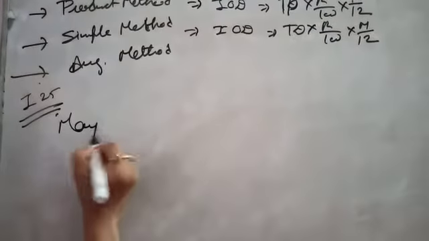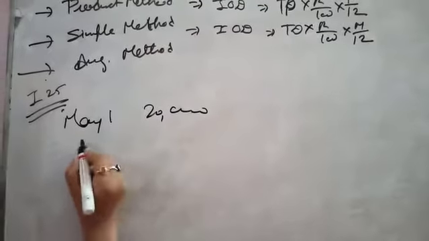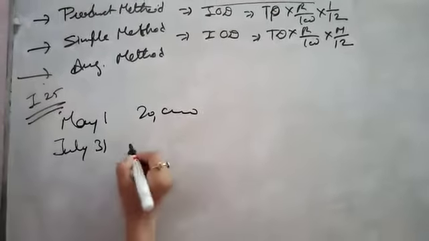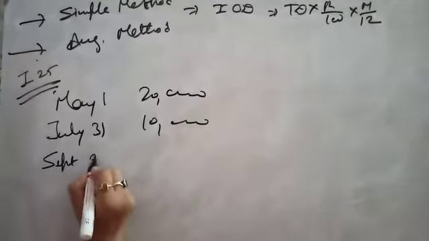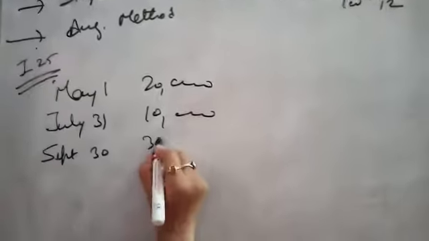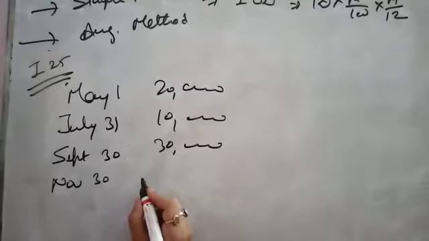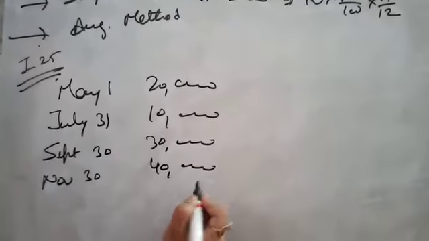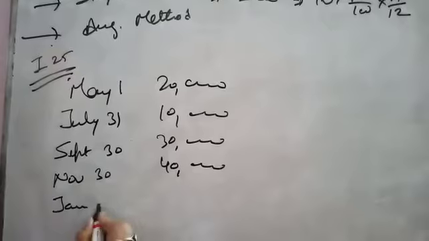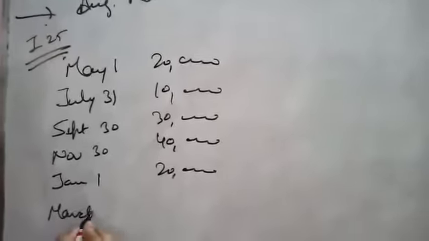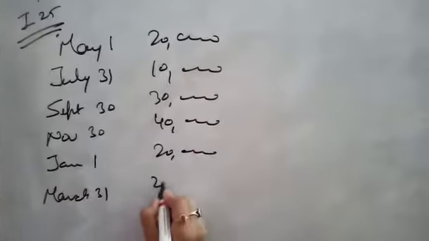May 1, 20,000; July 31st, 10,000; September 30th, 30,000; November 30th, 40,000; January 1, 20,000; March 31st, 25,000; and the rate of interest on drawing is 9%.